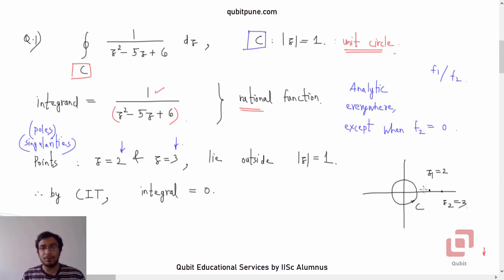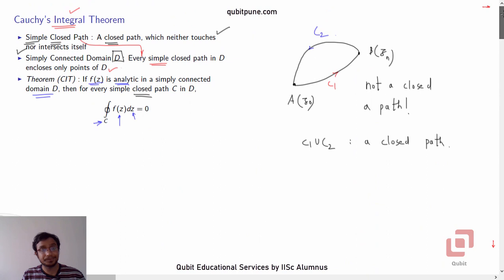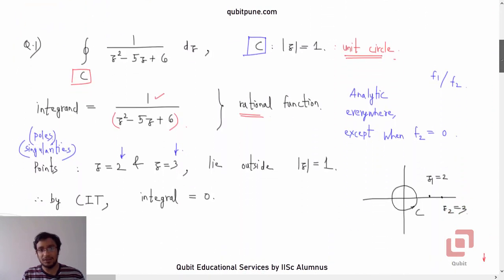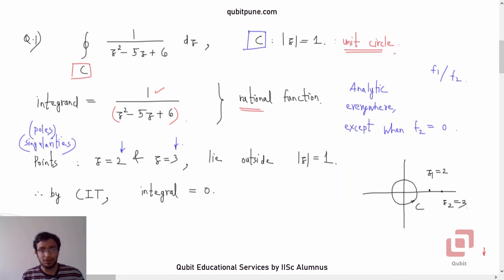Now if both the poles lie outside the curve C, then we can apply Cauchy's integral theorem, because we can say that the domain D is now the set of points belonging to the interior of the curve C as well as the curve C. So if this is our domain D, then Cauchy's integral theorem applies, and therefore the integral is equal to 0.